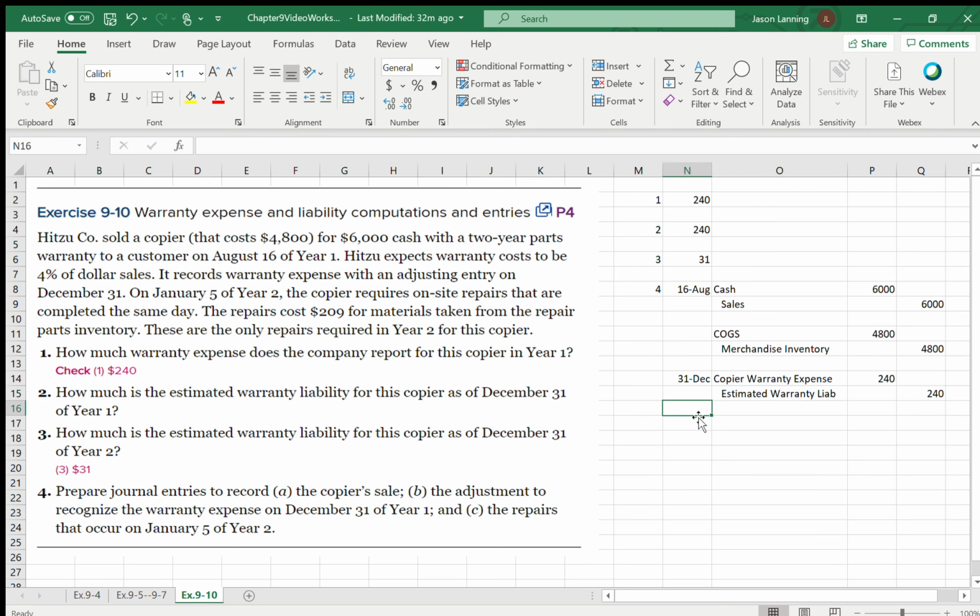Because since we are offering a warranty on this, if any repairs come within that time frame, we're liable to make them. And then the last one is the repairs that occur on January 5th.